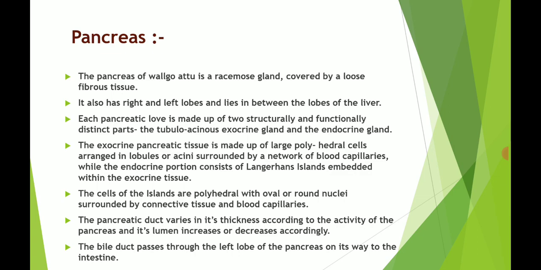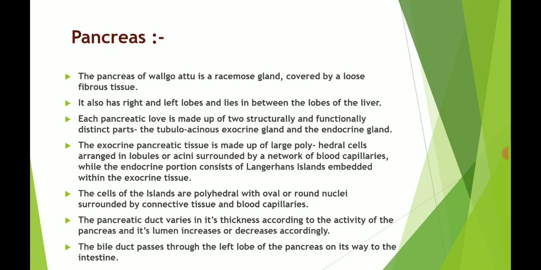The cells of the islets are polyhedral with oval or round nuclei surrounded by connective tissue and blood capillaries. The pancreatic duct varies in its thickness according to the activity of the pancreas, and its lumen increases or decreases accordingly. The bile duct passes through the left lobe of the pancreas on its way to the intestine.